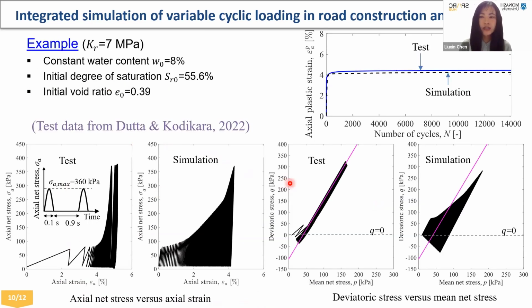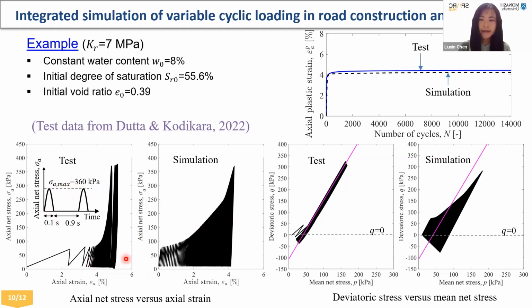We did many simulations of this constant radial stiffness test at different initial soil states and stress levels. Overall, a good agreement between the simulation and the test results was achieved. Here, I just show one example of unsaturated soil. It's under constant water content conditions, and the applied load pattern is shown over here.